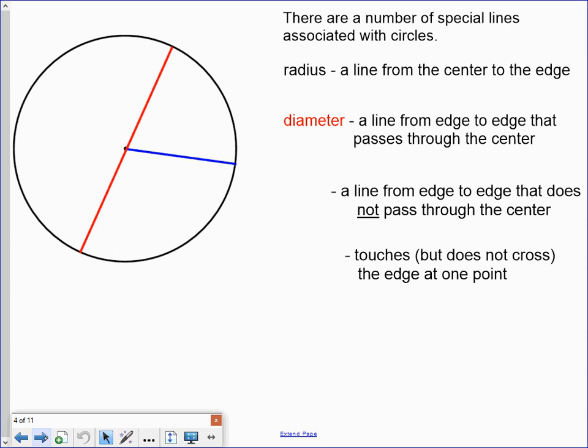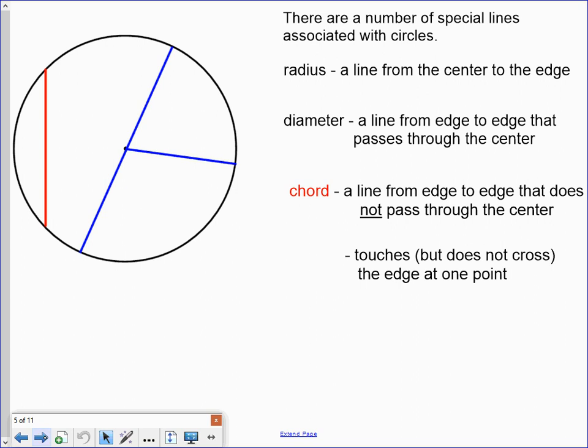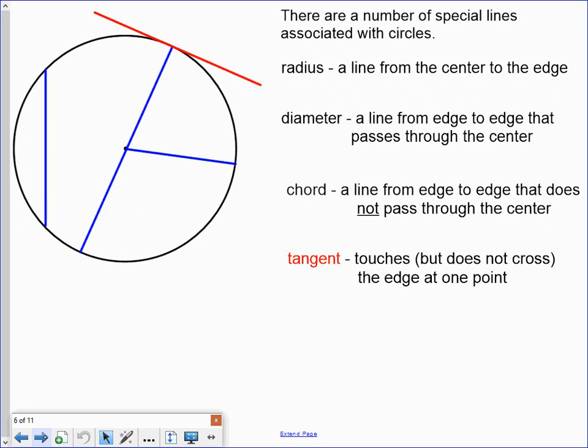If we have a line that goes from one edge to the other edge and does not pass through the center, we call this a chord of our circle. And finally, if we have a line that is outside of our circle, that comes along and touches our circle at one point, but does not pass through the circle, we call this a tangent to the circle.